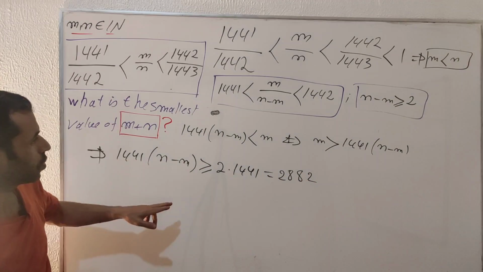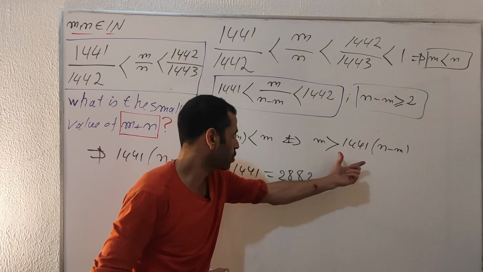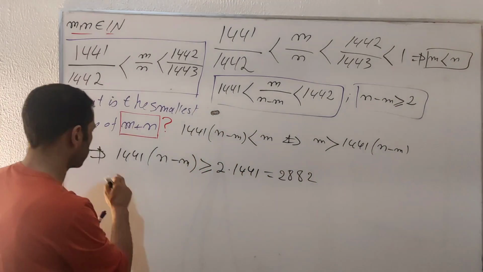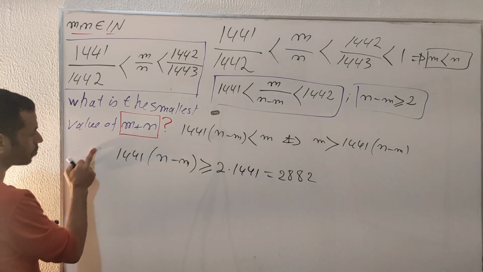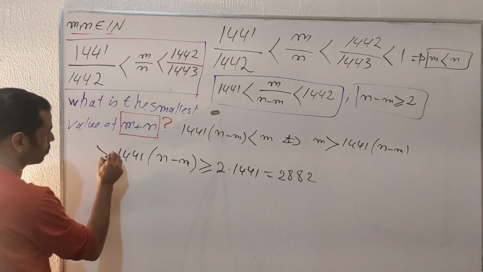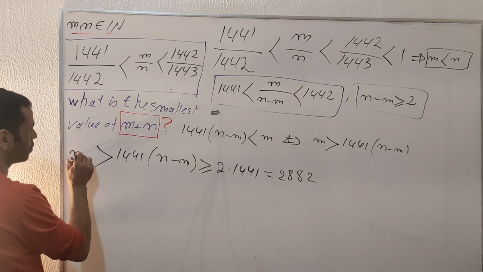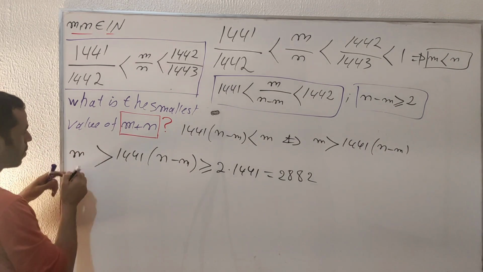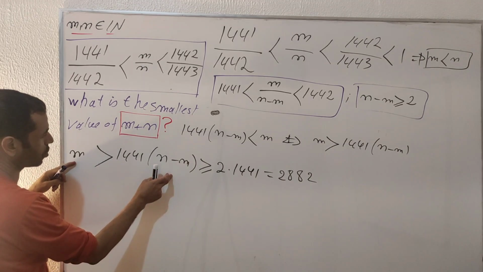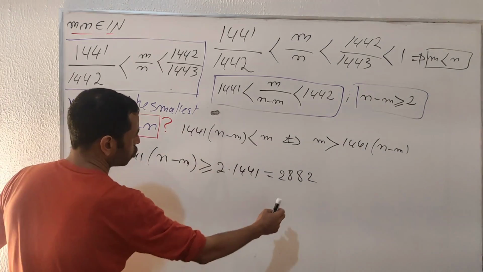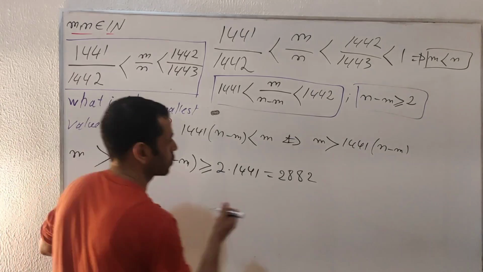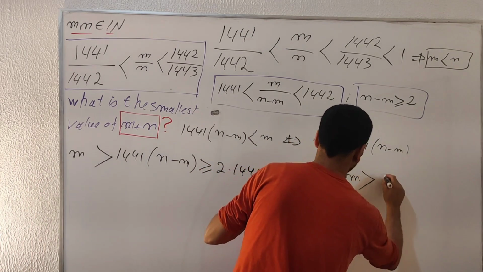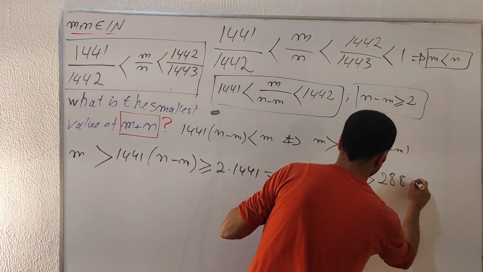If you take a look again, this term was smaller than this term, so I can write m is strictly superior than this term. In other words, since m is strictly superior than this term, I get here m is strictly superior than 2882.